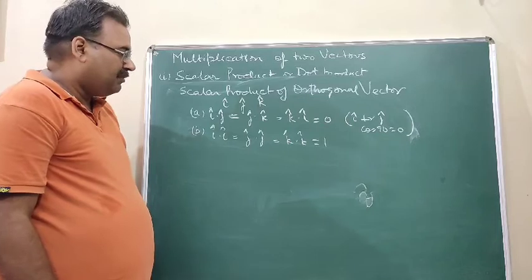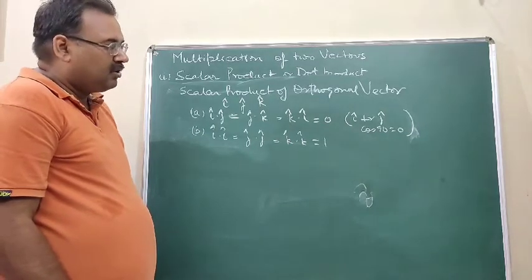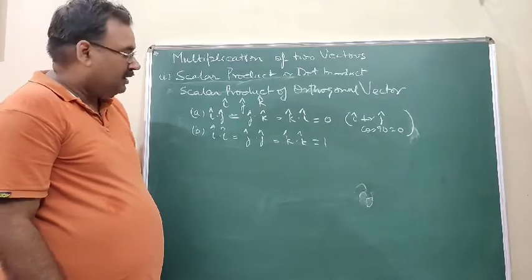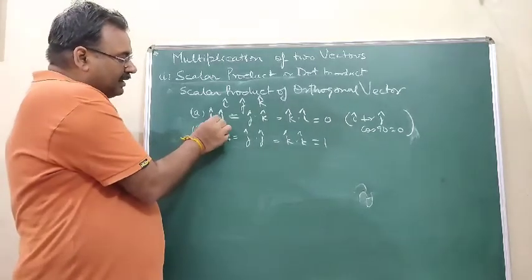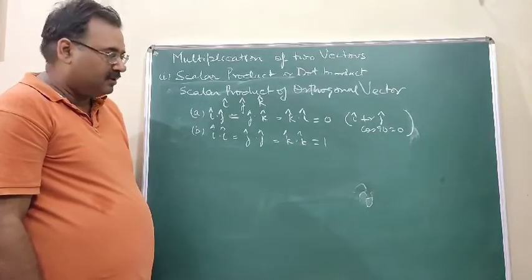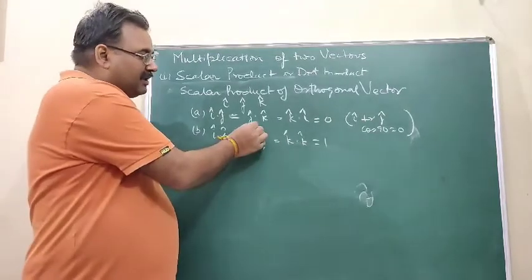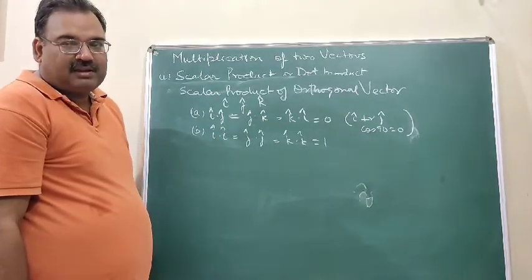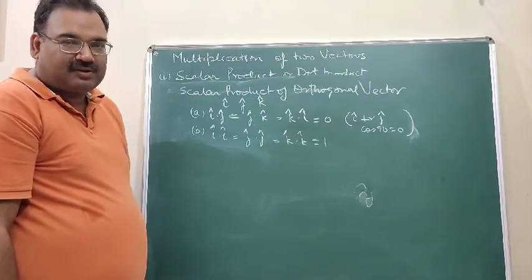I dot J, J dot K, K dot I. Their scalar product is 0. Reason? The angle between I cap and J cap is 90 degree and cos 90 is 0. So the product is 0. Similarly, the angle between J and K is 90, K and I is 90. So cos 90 is 0. Therefore, the product is 0.